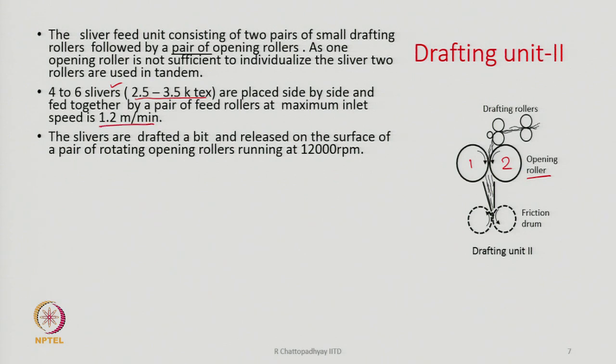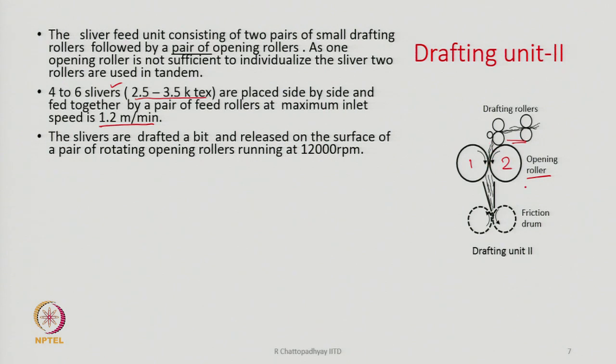So, in comparison to drafting unit 1, the sliver feed rate is much less, and we are feeding 4, 5 or 6 slivers together. And if we want to separate the fibers from the sliver, what do we do? First of all, there is a pair of drafting rollers with little draft. So, the slivers are slightly drafted, and then they move towards the opening rollers.